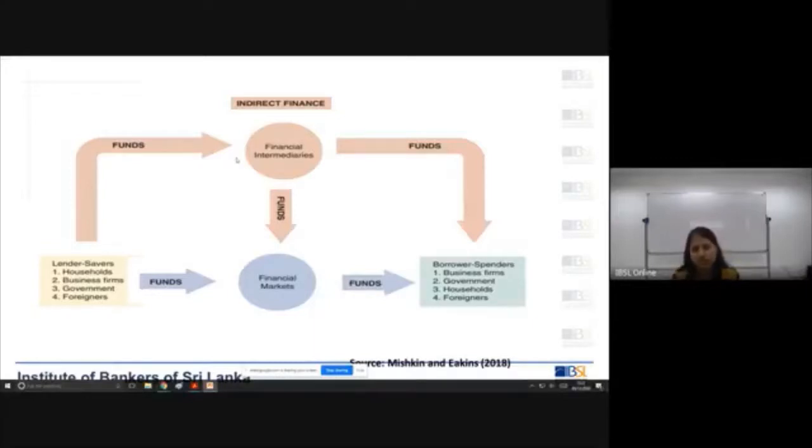Now, as a unit trust, they will sell units, something similar to a share. So one unit can be 10 rupees. Sorry, one unit is 10 rupees each, so I will give you 100 units for 1,000.